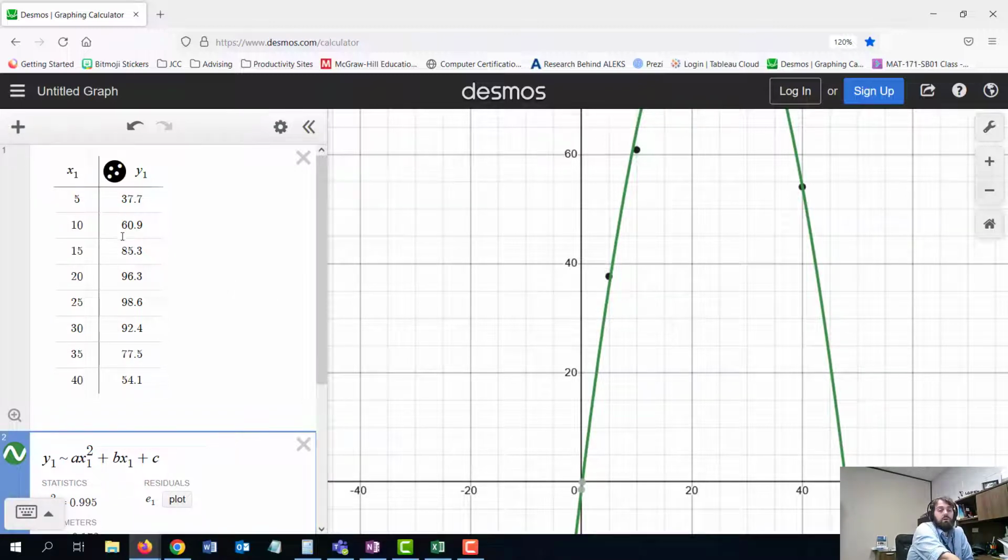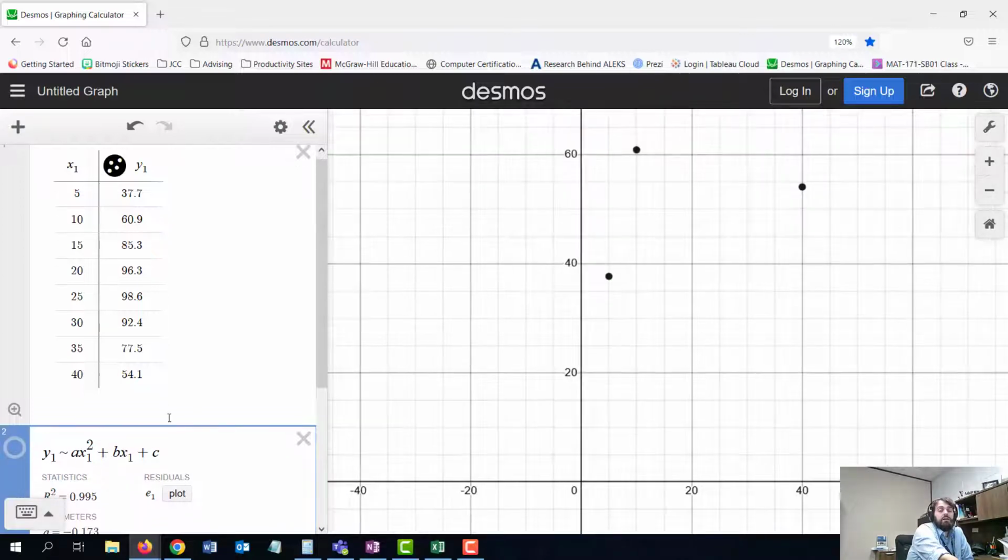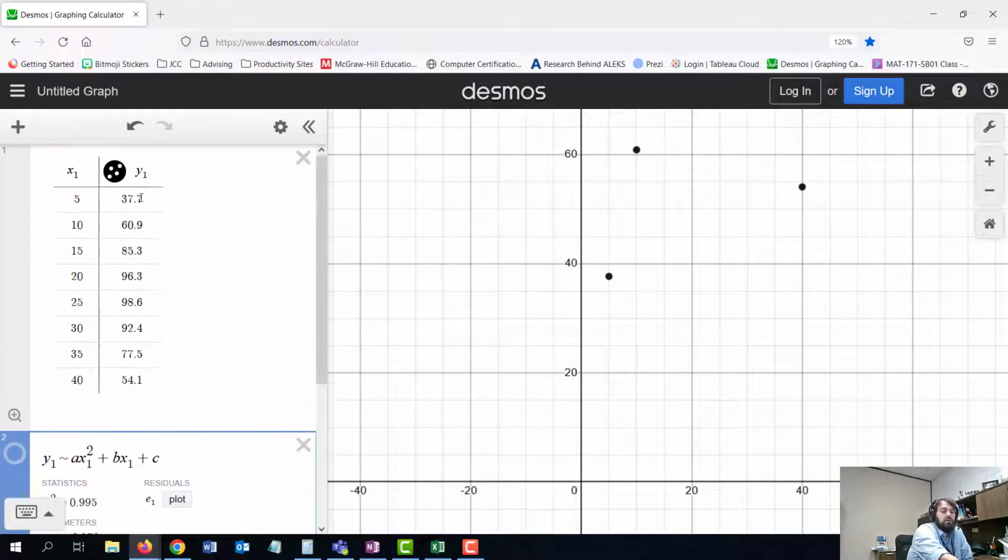Here are all the data points from the problem. I was able to add that by just going to plus there and then table, and then just put everything in, 5, 37.7, 10, 60.9, and so on. And what that did is it plots all the points. Then to get a quadratic regression, you type in, so notice the name of the lists. Y sub 1 is the set of all the y values in the table. X sub 1 is the set of all the x values.